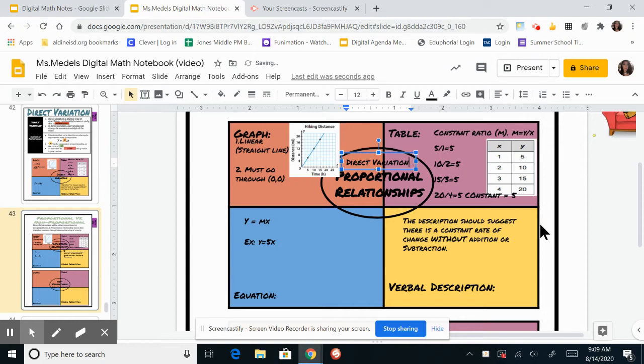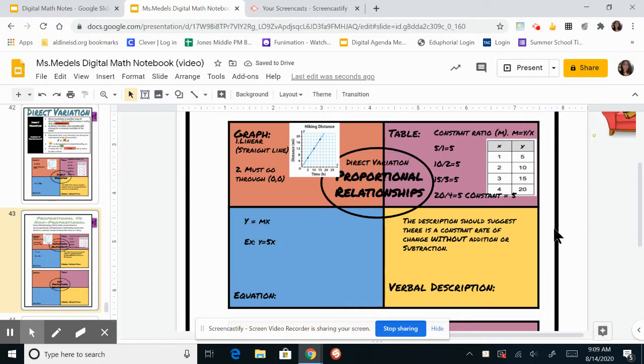Is direct variation. If you say direct variation, you are correct. That means that if a graph, a table, an equation, or a verbal description, if it is a direct variation, it is also proportional. If it is proportional, it also varies directly. Okay?